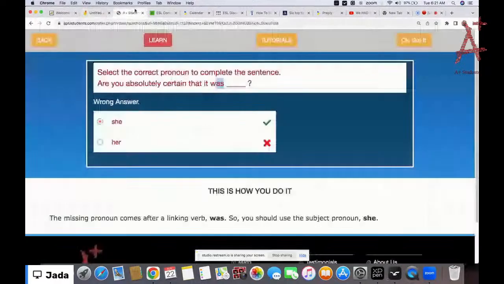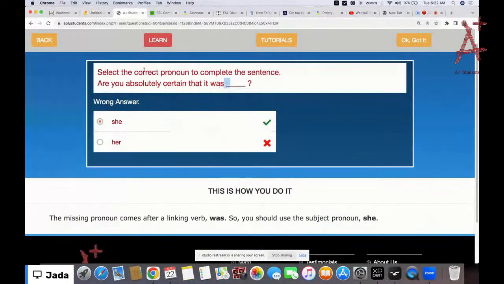It could possibly be what? Subject pronoun. So when we have a linking verb here, which was was, it's gonna be she. But we didn't have a preposition or action verb to show that it was an object pronoun.